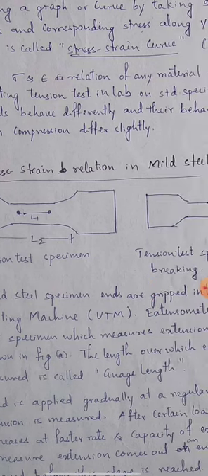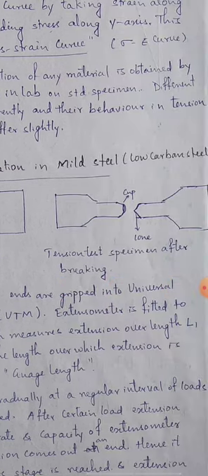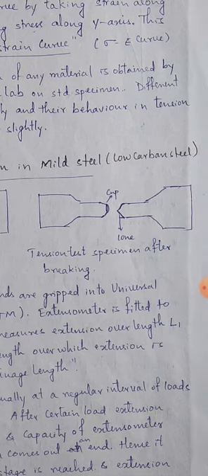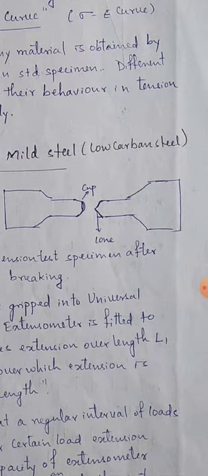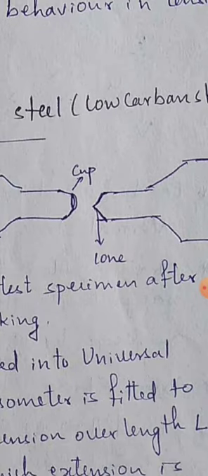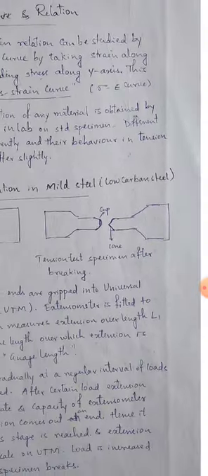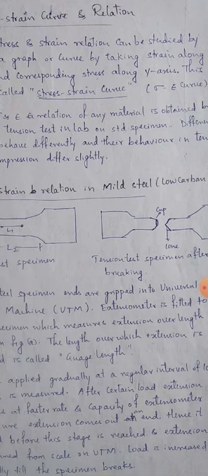After breaking, the specimen will appear in a cup and cone shape. This point is the necking point, in the form of a cone and a cup. This is the broken specimen after conducting the experiment.